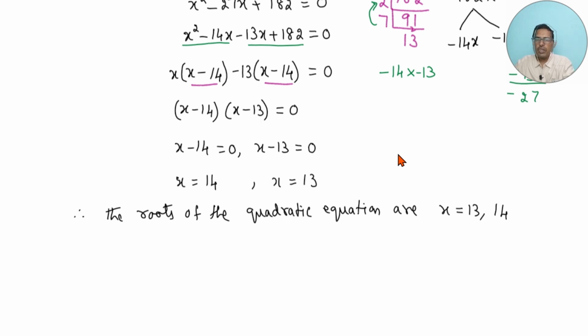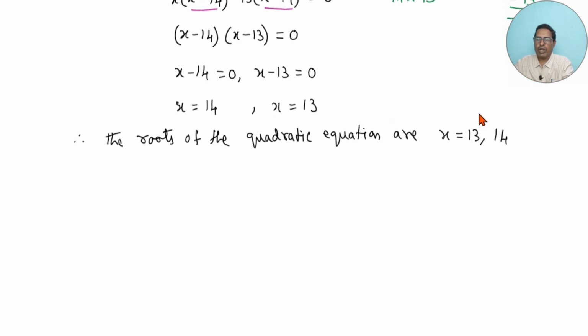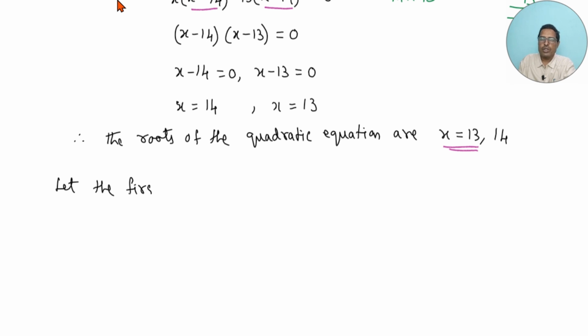Now the question is, so if you are having two roots 13 and 14, we have to see which should be the first number, which should be the second number. Let us try to find out. Suppose we'll try to start with, if x is equal to 13 is taken as a first number. So let us take, let the first number, so initially what you have taken the first number as x.